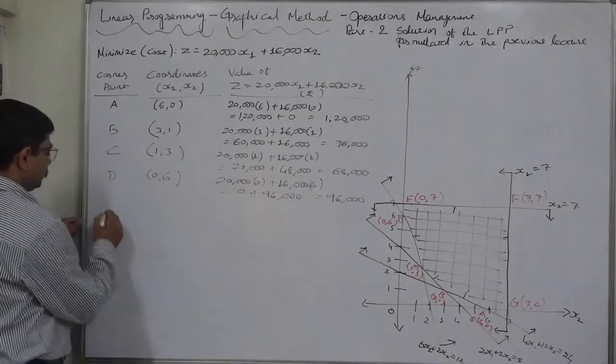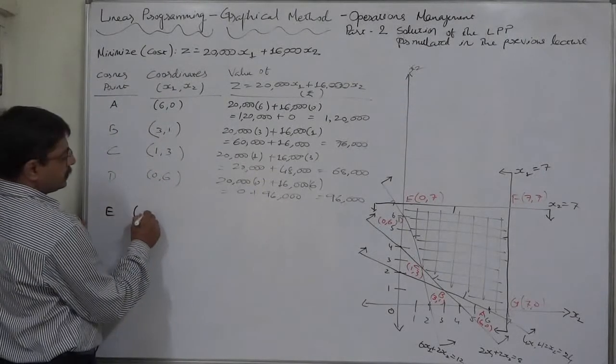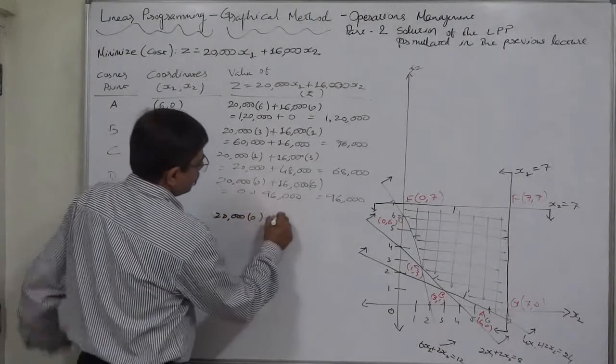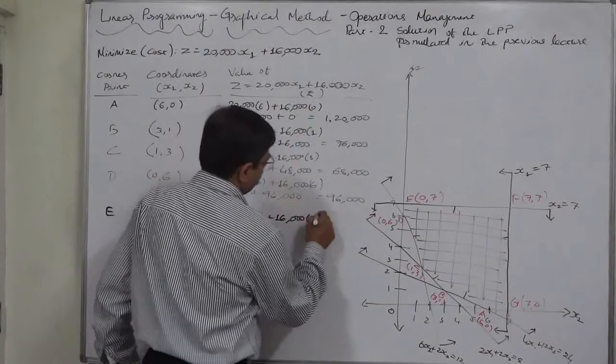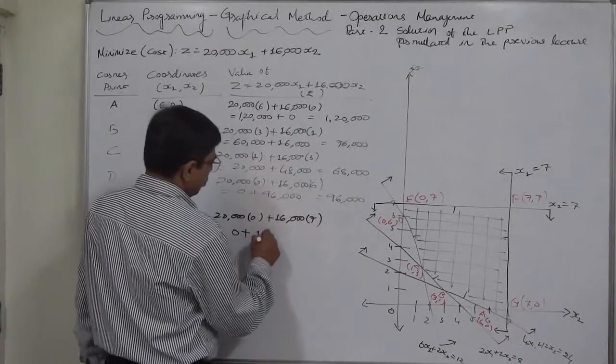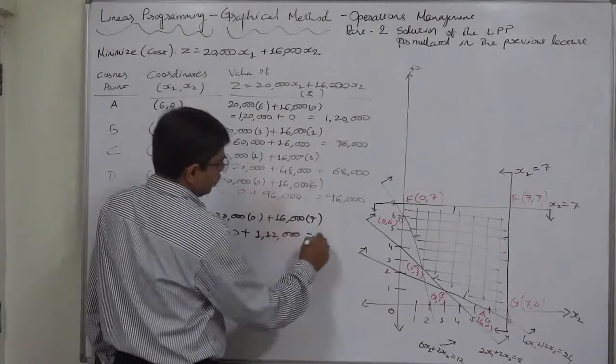E, 0 and 7: 20,000 into 0 plus 16,000 into 7, so it is 0 plus 112,000.